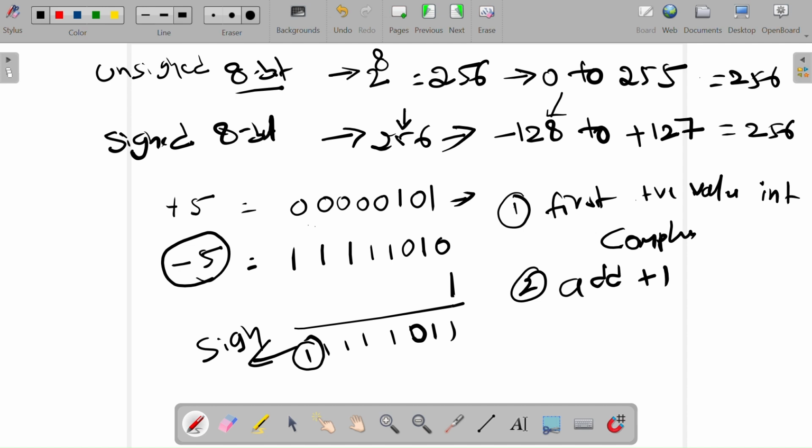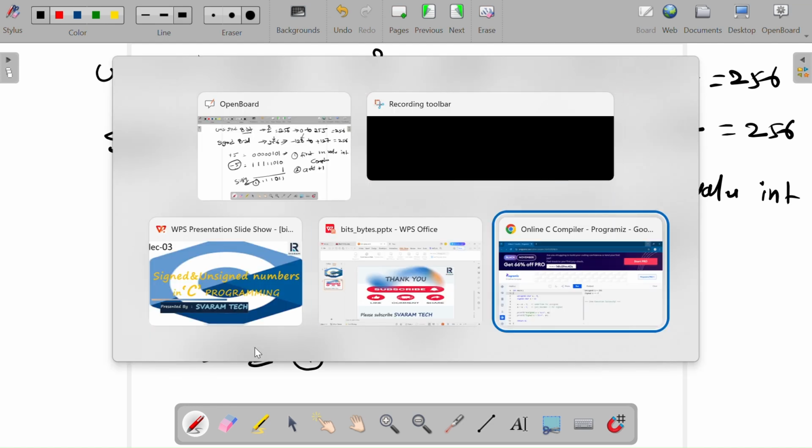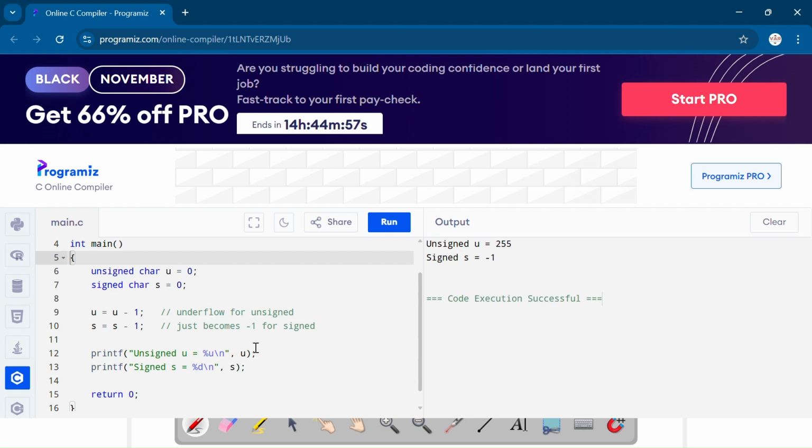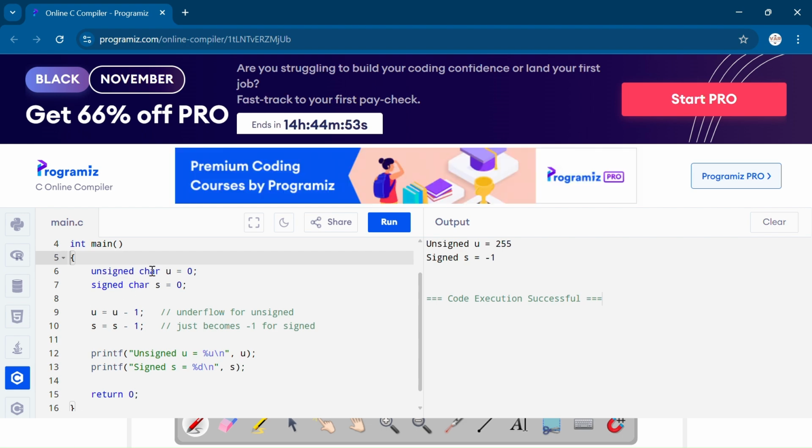See one example for this. Let's say unsigned char range is 8 bits. Take 0 as unsigned and 0 as signed, and just subtract 1, then print the values.